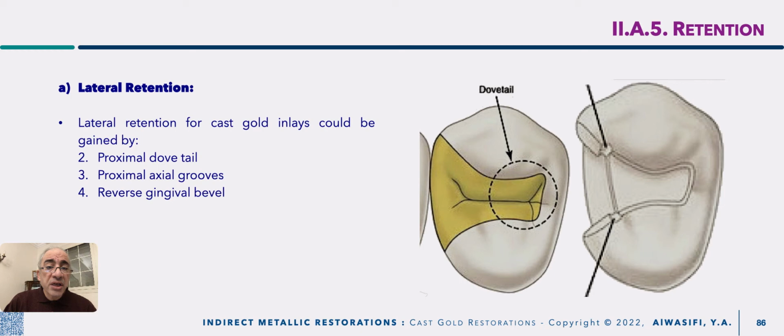Proximal axial grooves provide lateral retention mainly, but also provide stability to prevent the restoration from rocking. After a while, I will mention that they also provide axial retention.